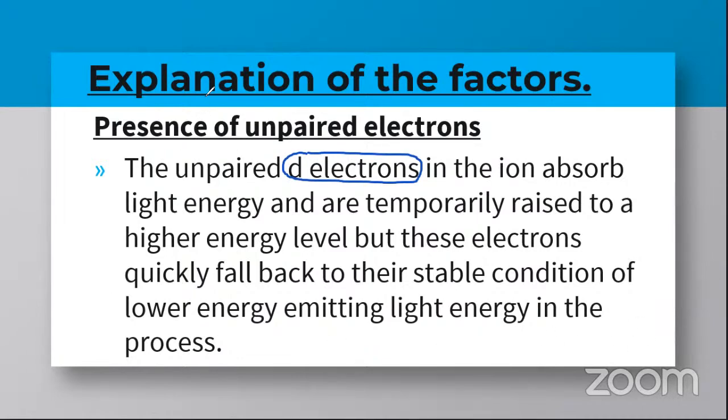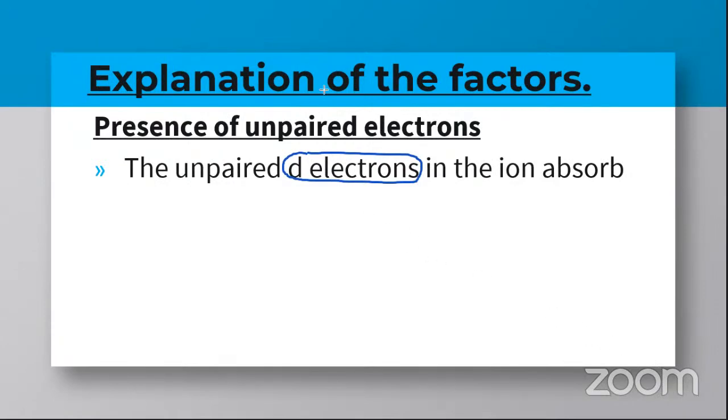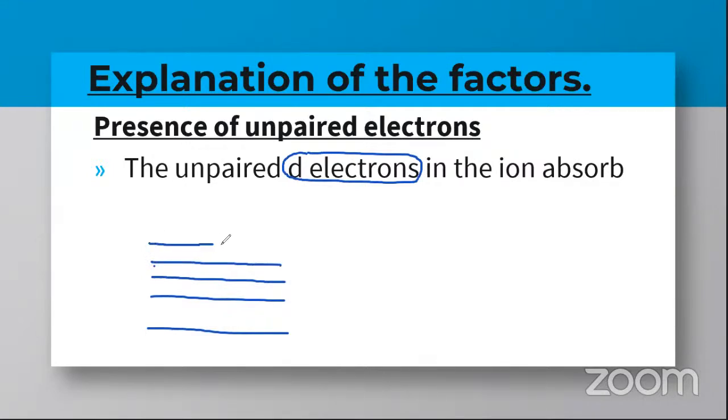So when we talk of electrons being excited, it means that if I have my levels, this is level 1, maybe level 2, level 3, the distance keeps on reducing, and maybe we can have this level.